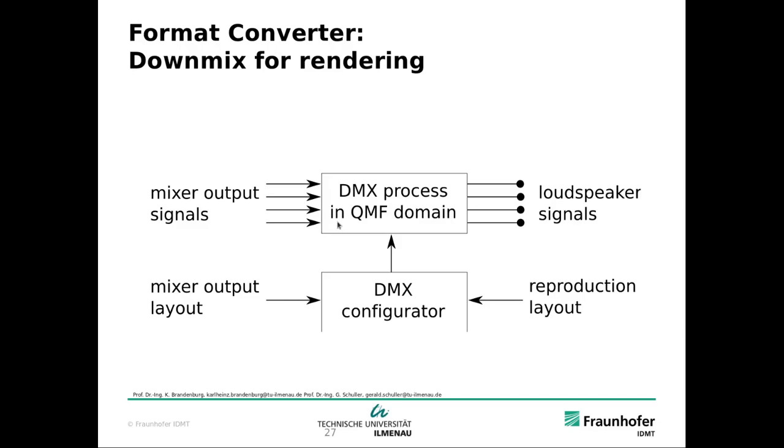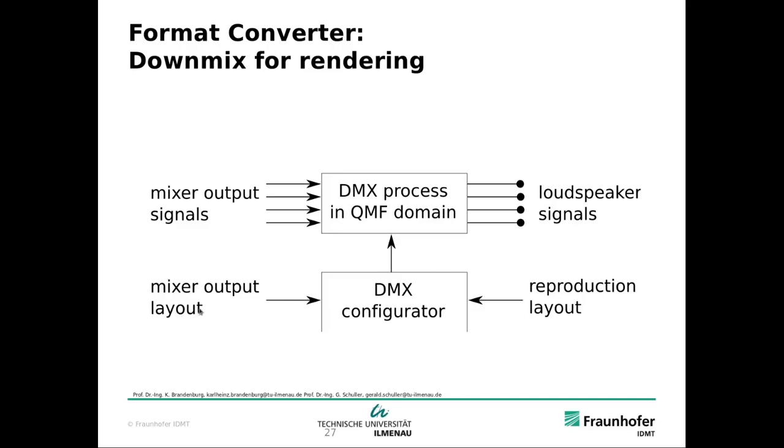Yeah, so you can also have format converters. Here downmix for rendering. Here we have a mixer output of the signals, and in the QMF domain you then can generate the loudspeaker signals.